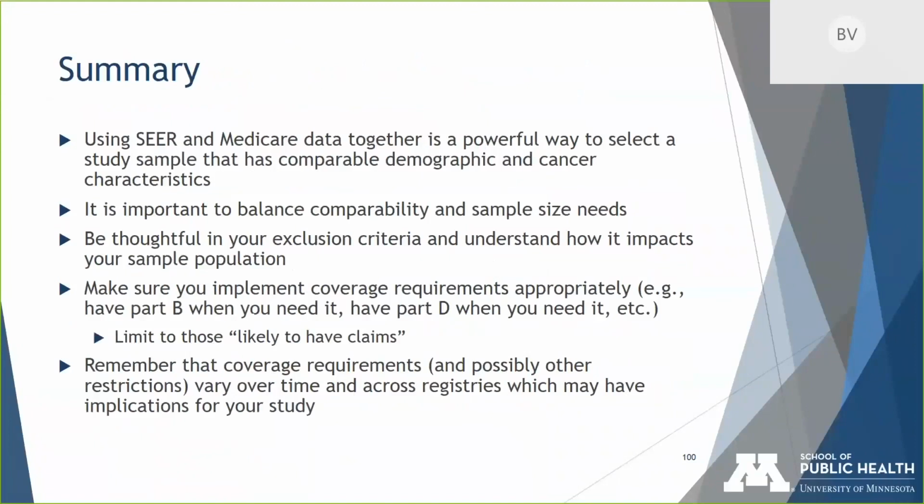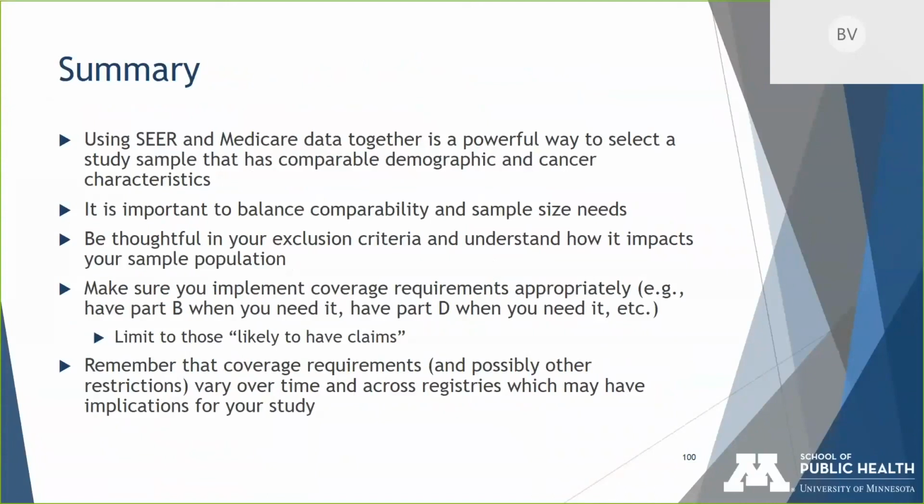So to summarize everything, using SEER and Medicare data together in this linked fashion is a really powerful way to select a study sample that has comparable demographic and cancer characteristics, but you want to balance that ability to have a well-defined population with your sample size needs.